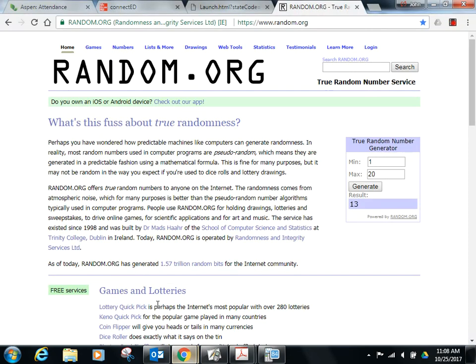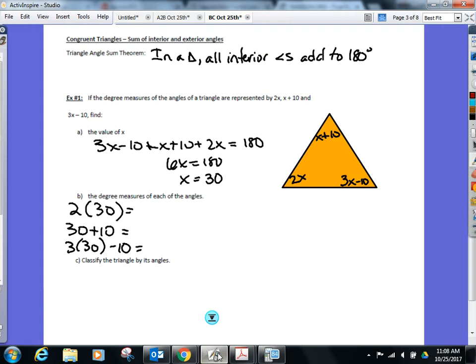All three angle measurements. Who's got one? 40. Yep. 60. Got it. And 80. So I got three angles of 60, 40, 80.